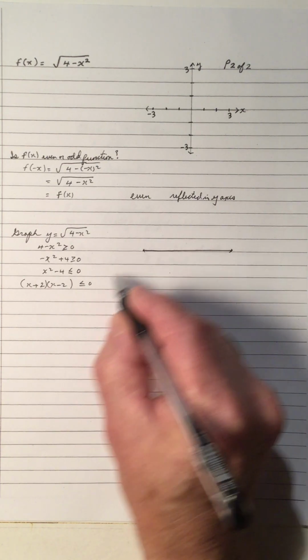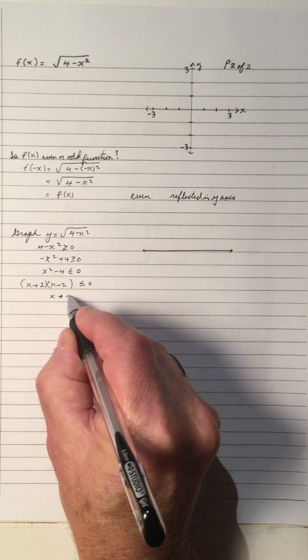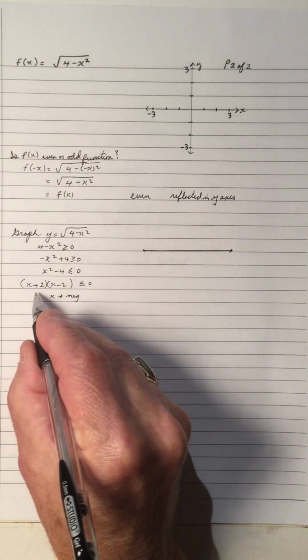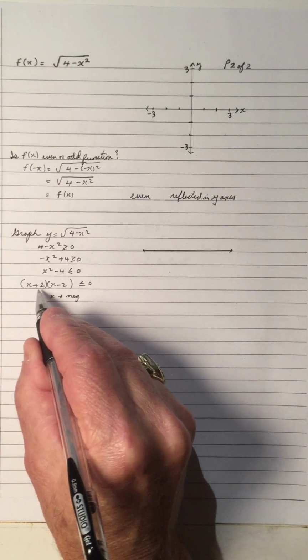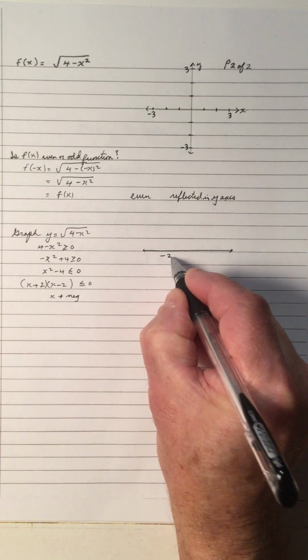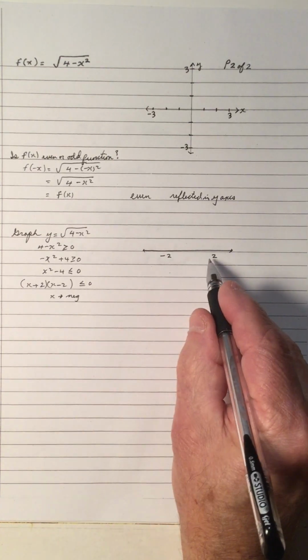Because it's less than or equal to 0, we're looking at the x values which are going to be negative. Right here we have x plus 2, x minus 2, so we have a negative 2 and a 2. Those are the values of x that will give you 0.